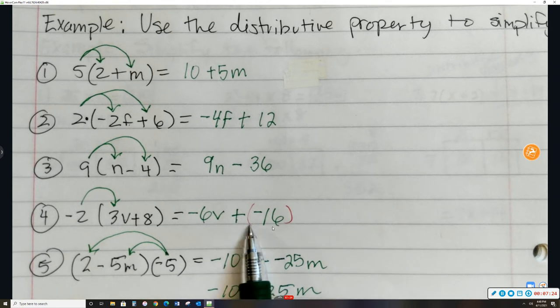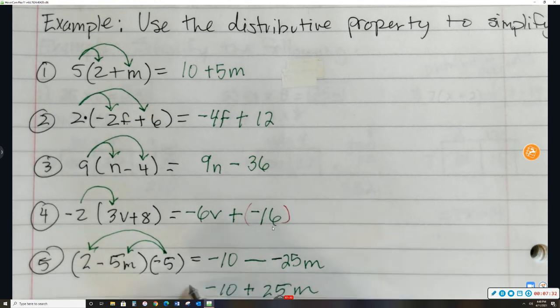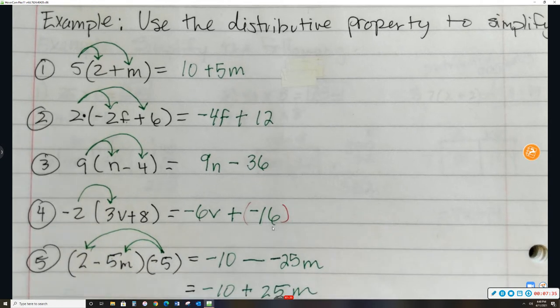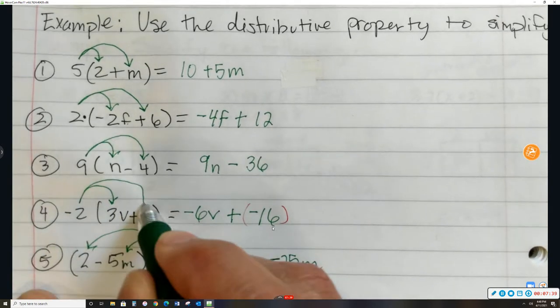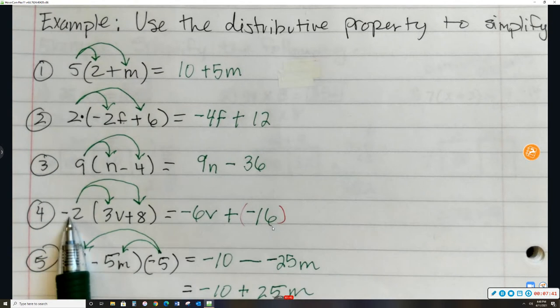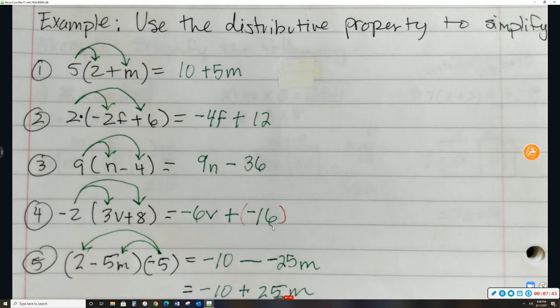Otherwise, I'll leave it as is and maybe just put parentheses around it. And that's it. All we're doing today is continuing to practice these, and instead of using the box method, we're using the algebra method: take the outside number and multiply it to everything on the inside. Pause this if you need to, and finish copying it down.